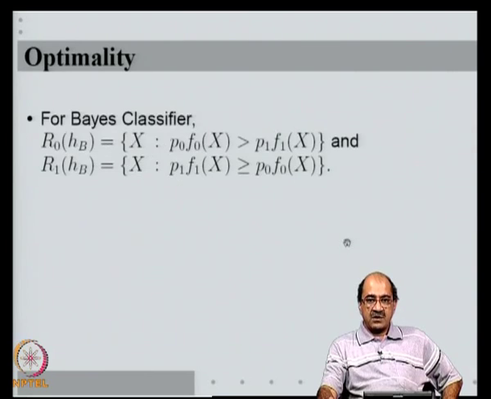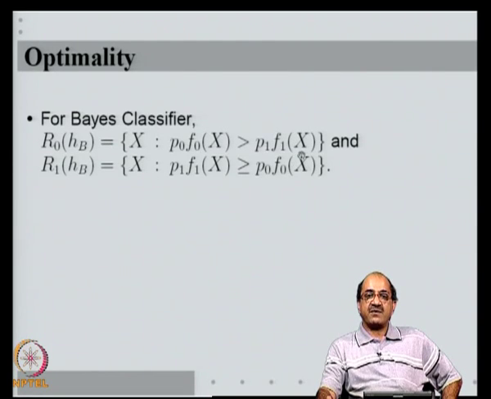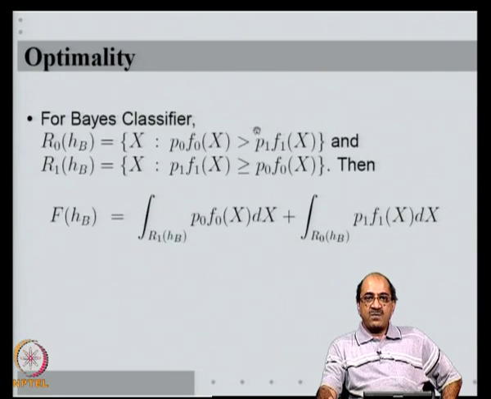Okay. Now, let us look at what the Bayes classifier's regions are. We know the Bayes classifier puts a pattern in R0 if P0 F0 is greater than P1 F1 and puts it in R1 if P1 F1 is greater than P0 F0. So, using the previous expression, the probability of error of the Bayes classifier becomes the integral of P0 F0 on R1 plus the integral of P1 F1 on R0.